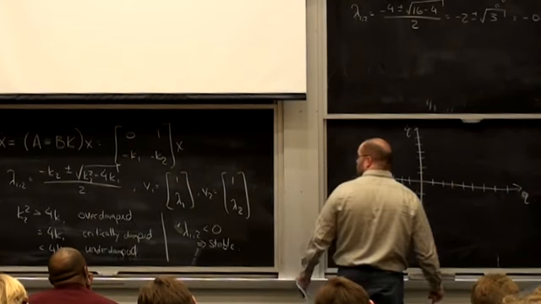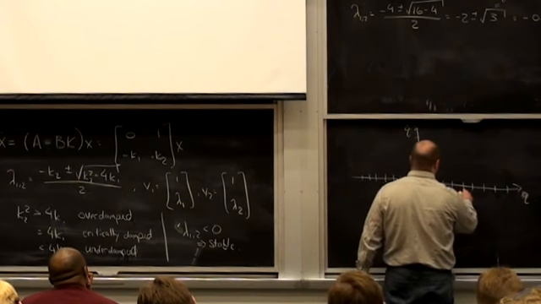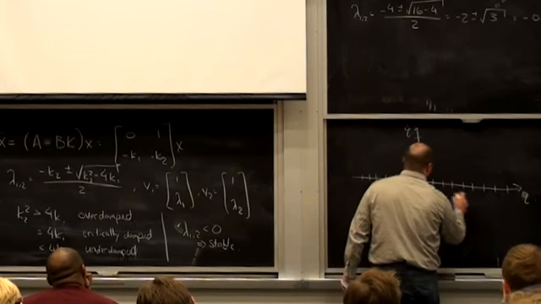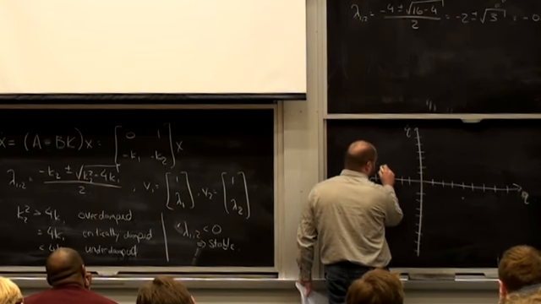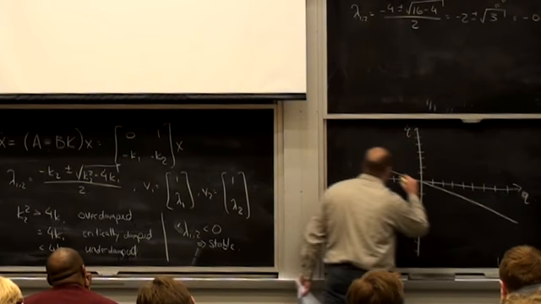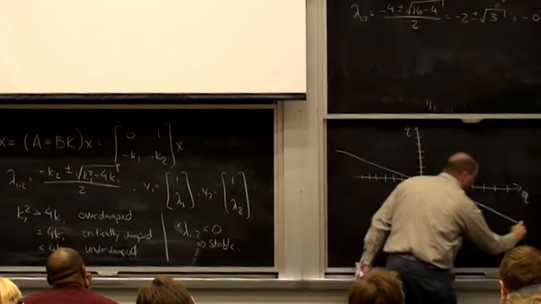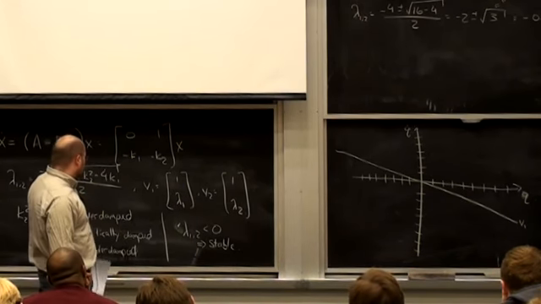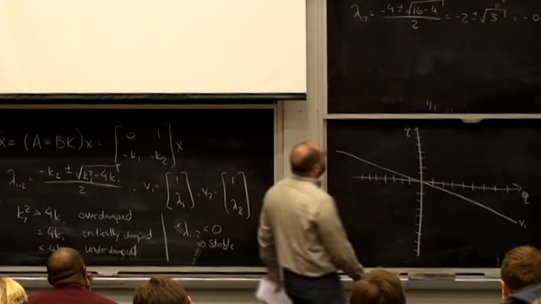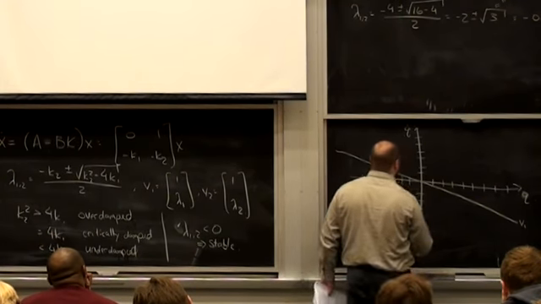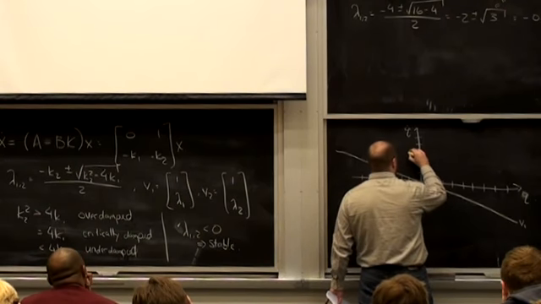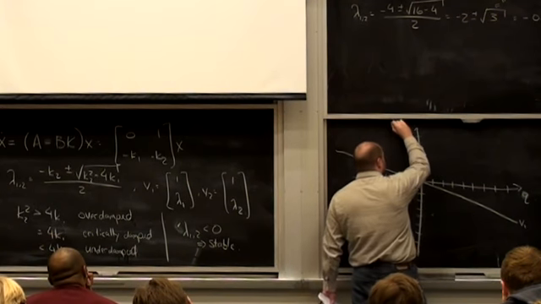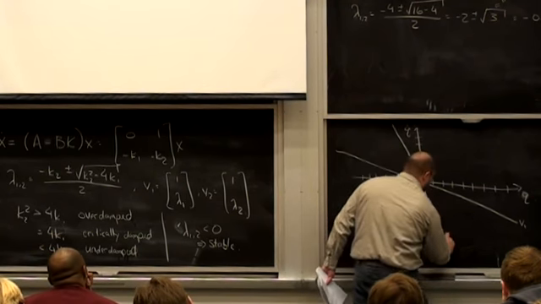So I'll use these as quarters: I go minus 0.25, and the time I go 1 here. So I get a line that looks like this, right? That's V1. And I get a line that goes almost 1, negative 4, so a little bit under that here. V2 is over here.